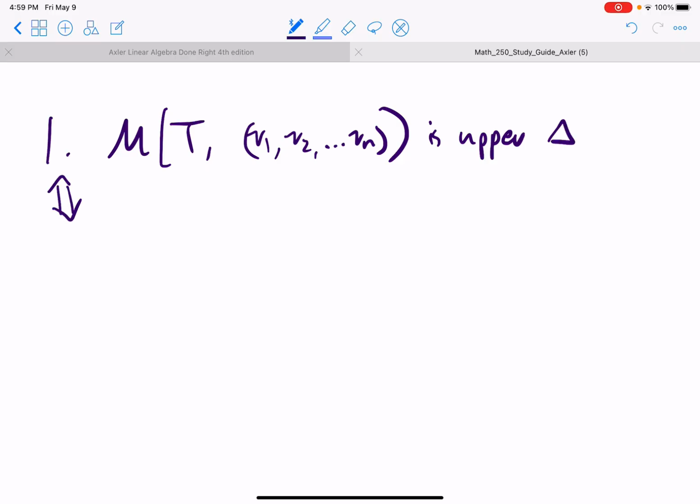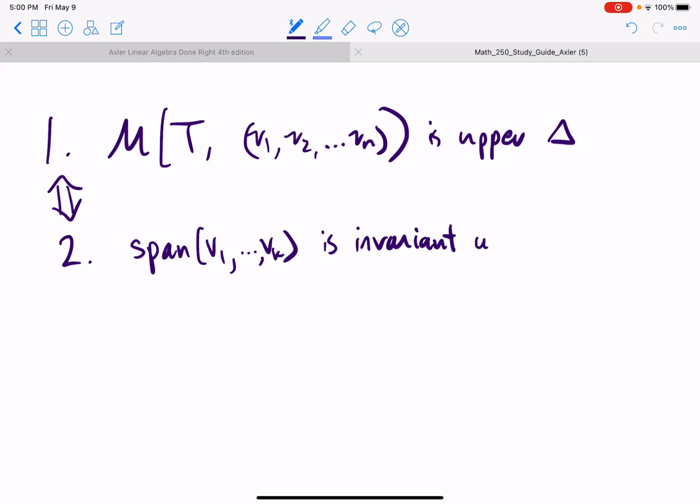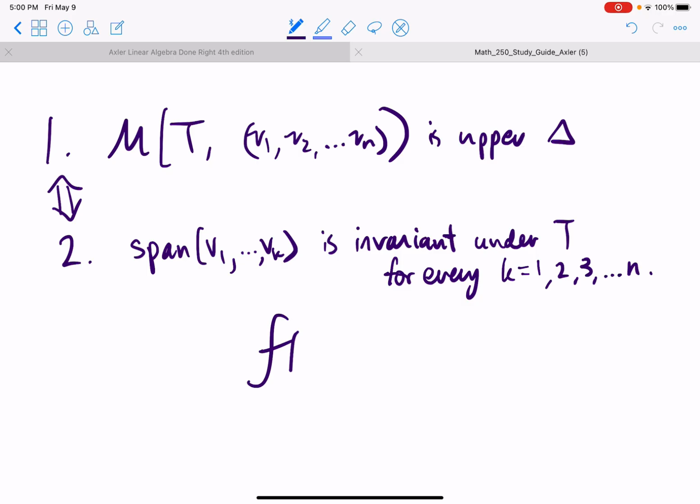That happens if and only if (2) the span of v1 through vk is an invariant subspace under T for every k equals 1, 2, 3, up to n. Okay, so we actually have a whole, we call it a flag of invariant subspaces for T.